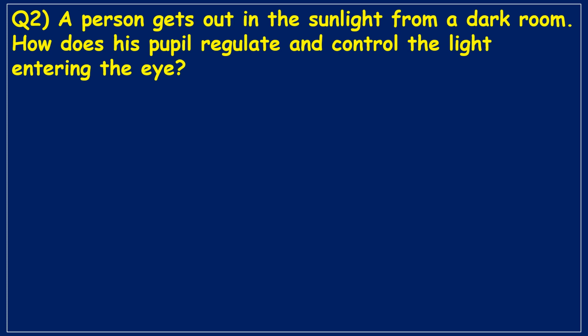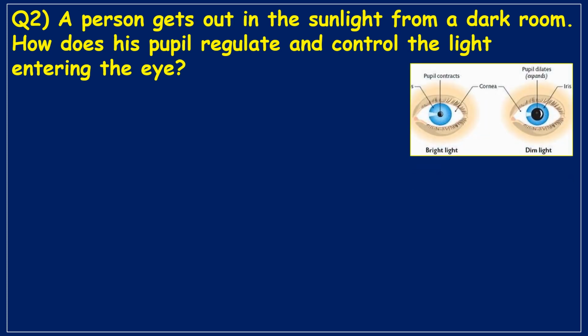In this, the pupil is the part that regulates and controls the light entering the eye. How does it do this? See the picture. In the first picture, when you are in bright light, the size of the pupil contracts. And if you are in dim light, like when you are in the room, the size of your pupil increases.